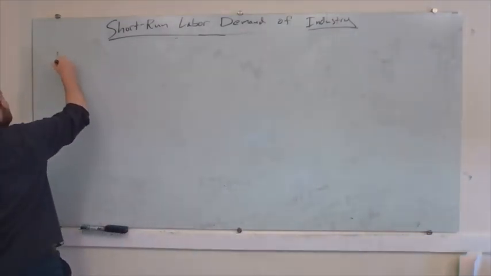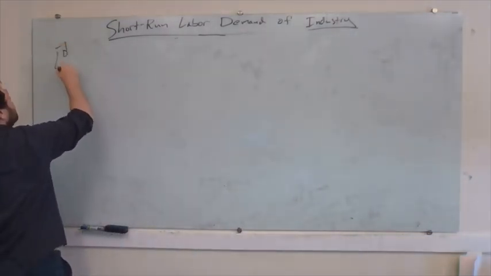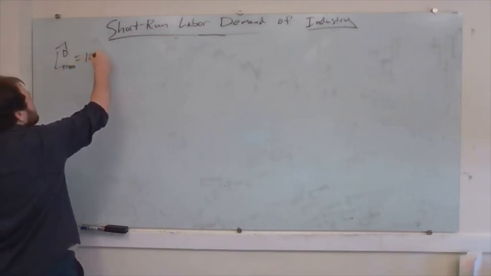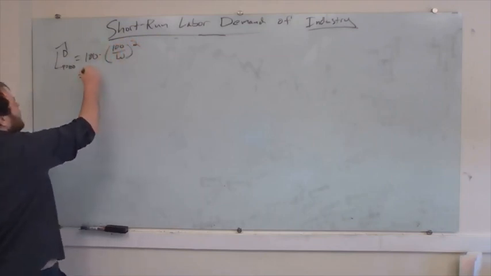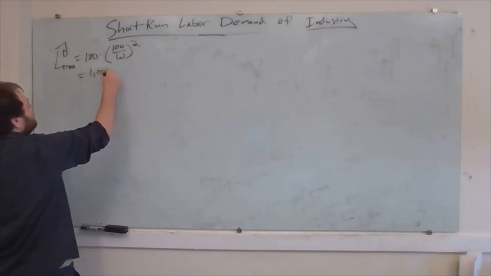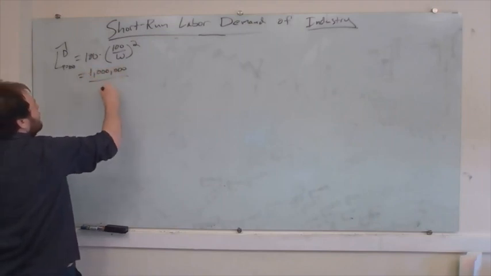So we'll say LD hat at, let's say a price equal to 100 is going to just be 100 times 100, right, the price over W, the quantity squared, right, is just going to be 1 million over W squared.